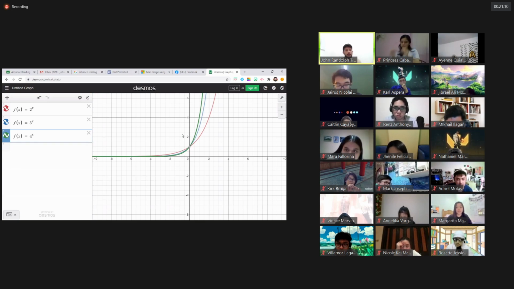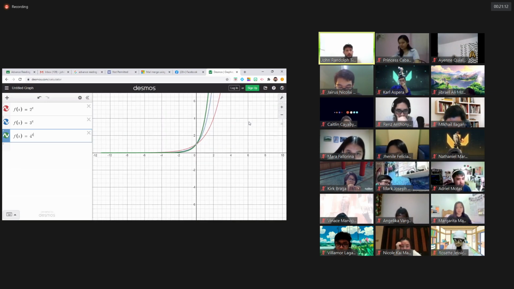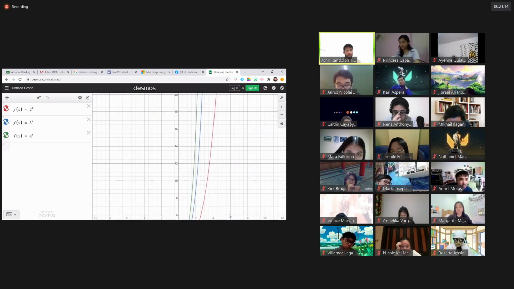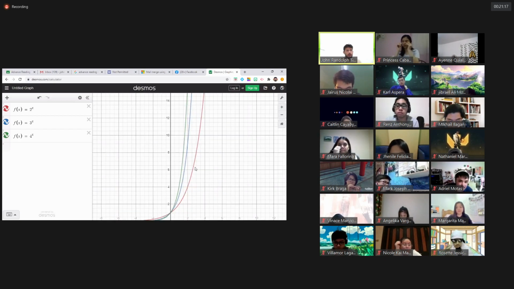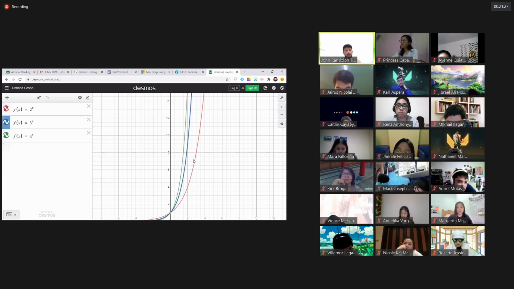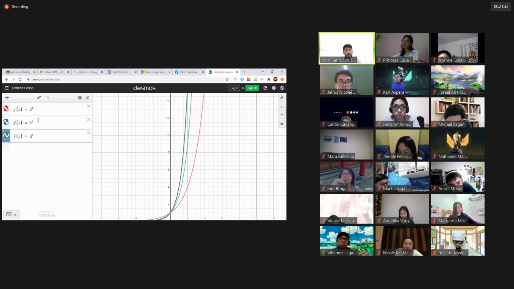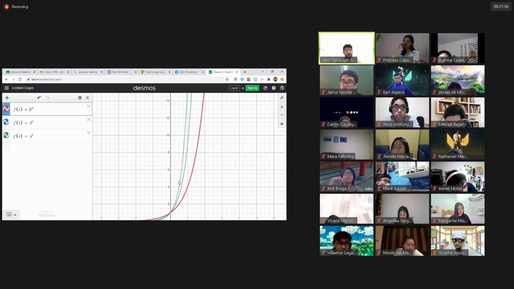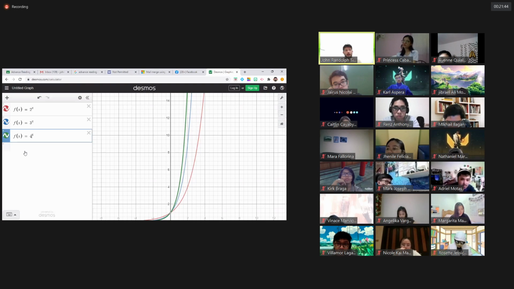Now look at the distance from the red compared to the blue compared to the green. They have a certain distance from red to blue to green depending on the base. Meaning to say, if the base grows bigger and bigger for the same exponent, the graph will go closer and closer to your y-axis.